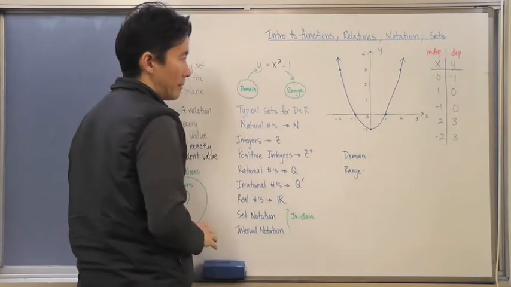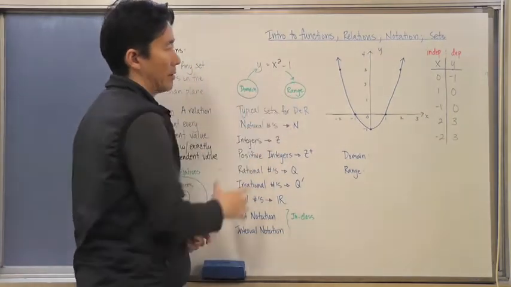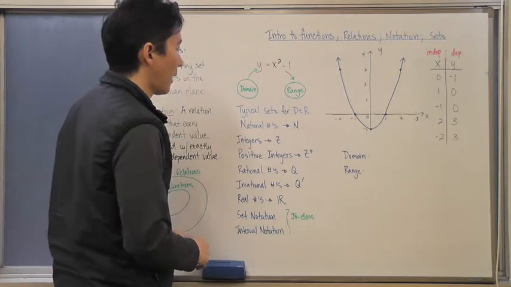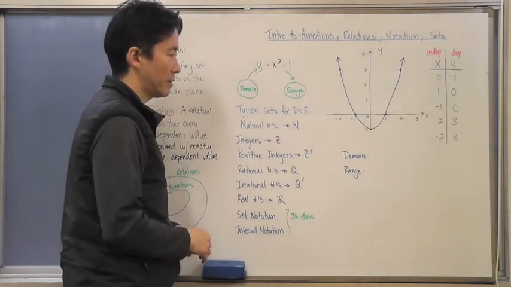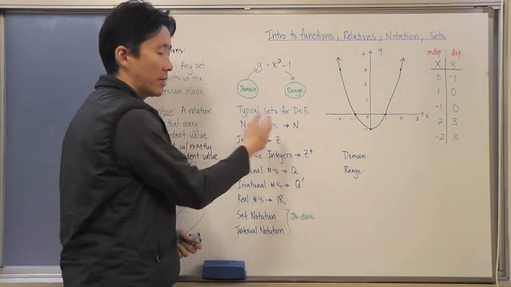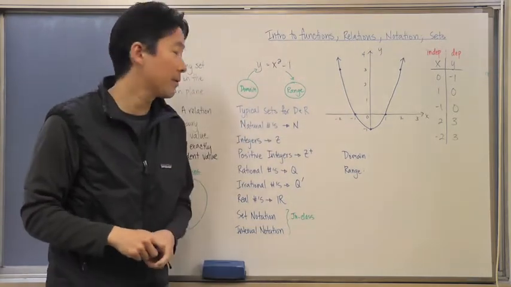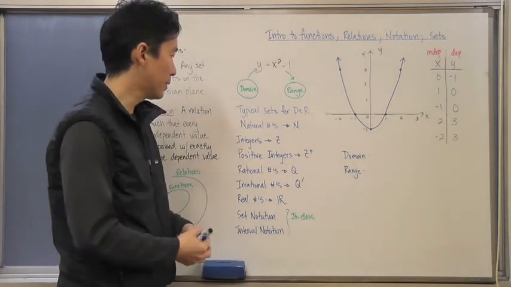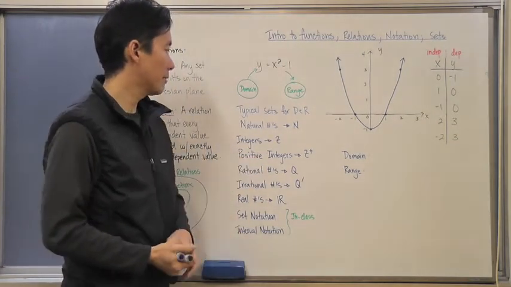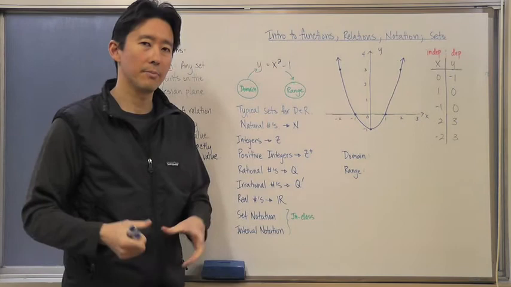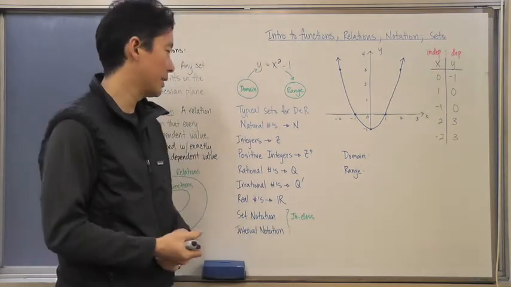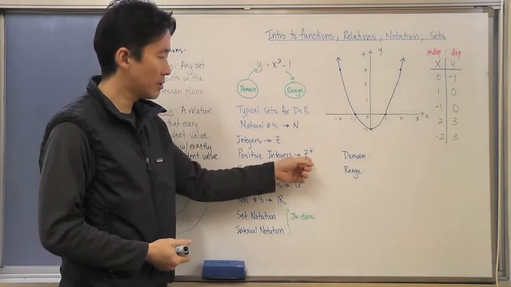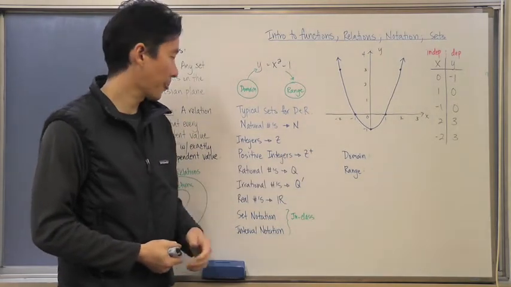Now, being that we're talking about the domain and the range, what could those possibly be? Here are some typical sets for the domain and range. You have your natural numbers, symbolized by capital N, which is 1, 2, 3, 4, 5, and all your counting numbers. Integers, which are your counting numbers, plus 0, plus all the negative counting numbers. Say, for example, if you wanted to talk about just the positive integers, you could use Z plus.